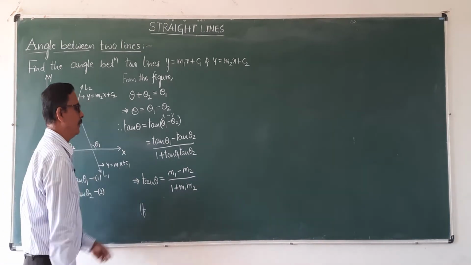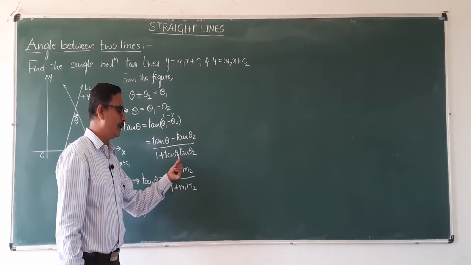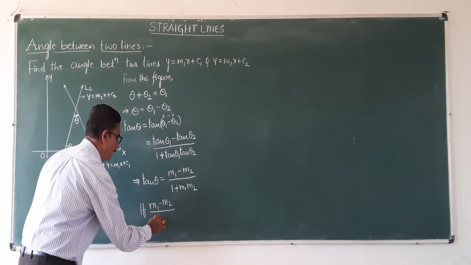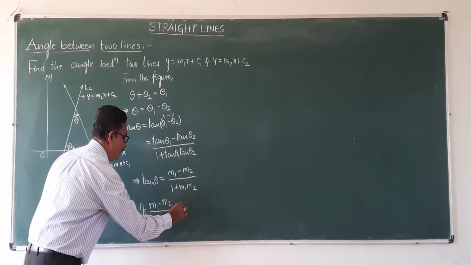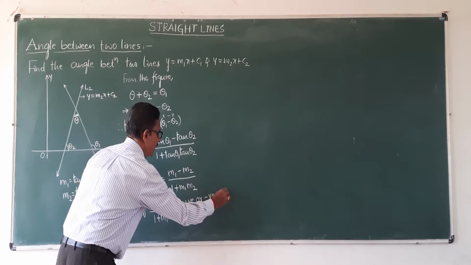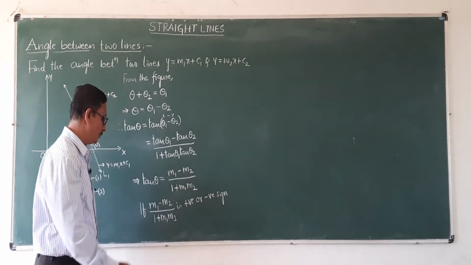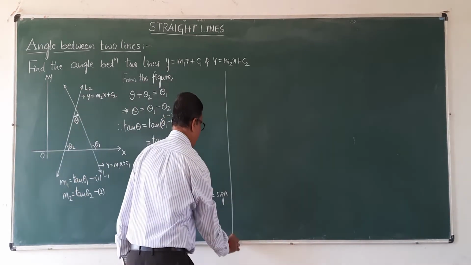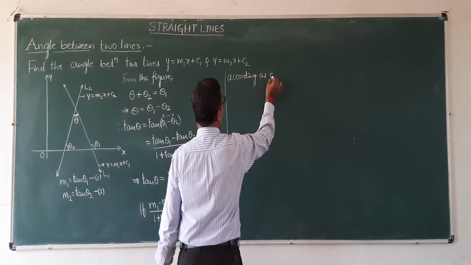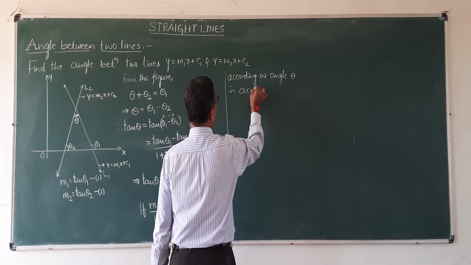After substituting the value of m1 and m2 in this result, m1 minus m2 divided by 1 plus m1 m2, the value may be positive or negative according as angle theta is acute or obtuse.